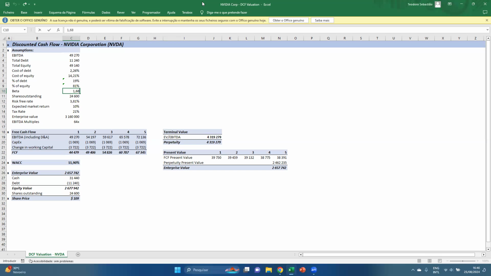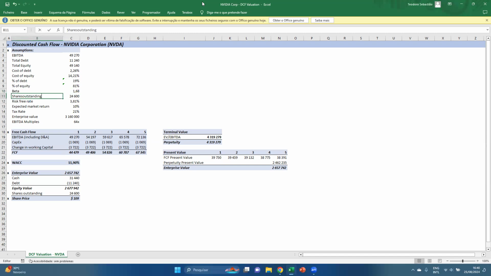If you have a beta like 1.68, that means that if the market moves 1%, the company that you are evaluating is going to move 1.68%. It measures how volatile your company is based on the market movements.